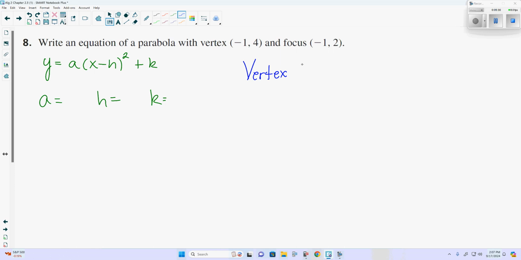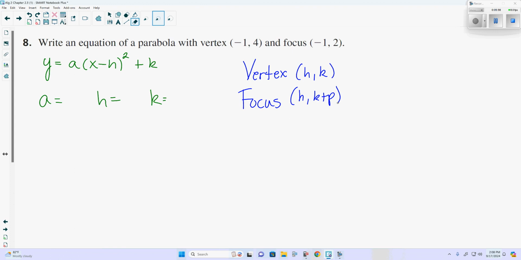Vertex is the point h comma k. Our focus in the general form is h comma what? K plus p. Again, as I said, I would keep referring back to these. I would not try to memorize them because it is easy to flip them. I just about flipped them.